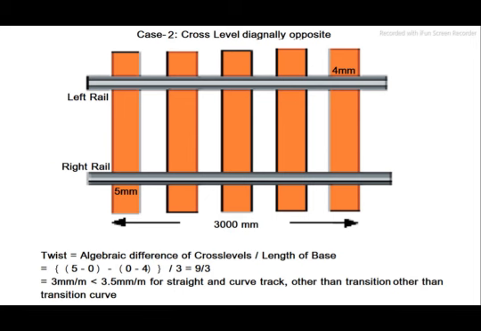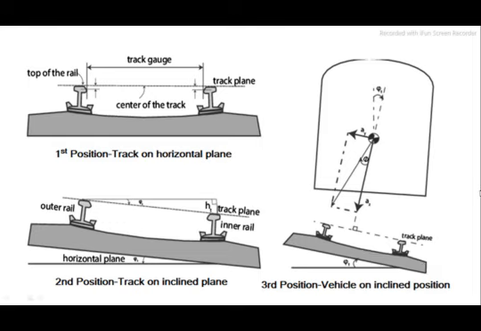Further, it is desirable to maintain the track geometry for a comfortable ride at sectional speed. The limits of twist as per measurement in floating condition, for guidance of the engineering officials regarding the condition of the track from passenger comfort perspective, shall be calculated on a base of 3 meter length.